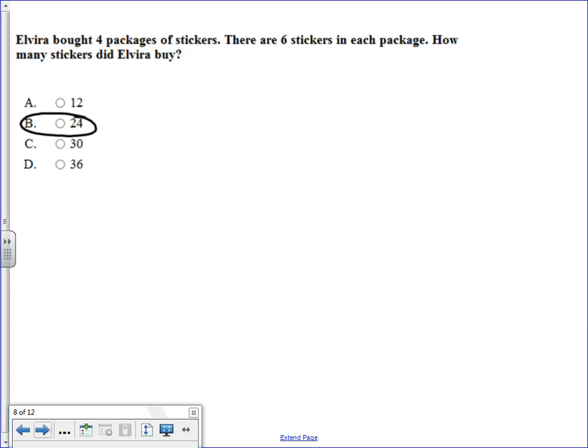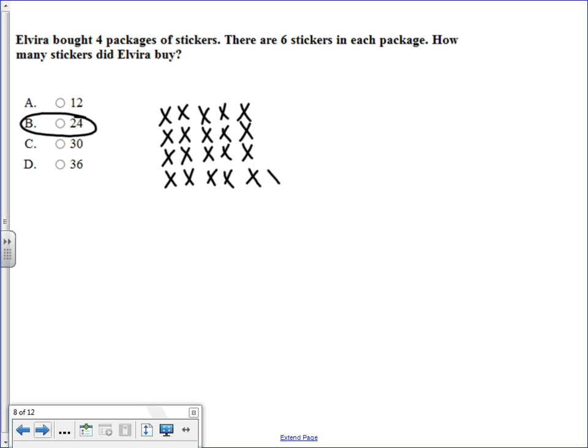Okay, so you made an array, and how many rows did your array have going across? 4 rows with 6 in each, right? Okay, so that's an array that shows 4 rows with 6 x's in each.